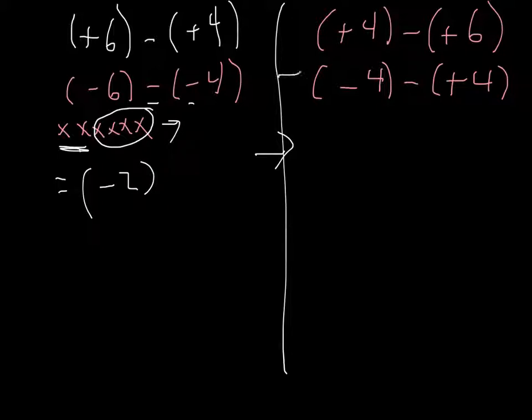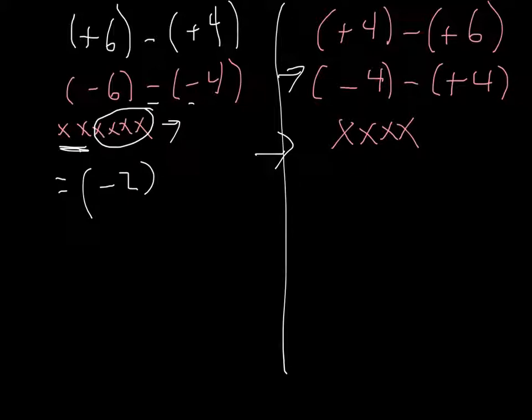Looking over here, though, it's a different story. Let's do this bottom one. Negative 4, again, I'm going to represent it first: 1, 2, 3, 4. And it wants me to take away positive 4. But I don't have 4 circles. And in order to take away positive 4, I must have 4 circles.